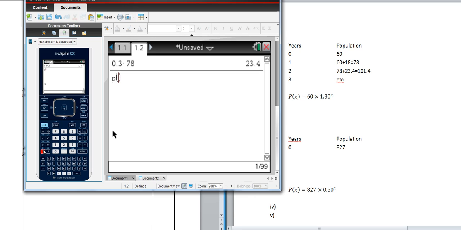P of x, define, control, and this symbol. 60 times 1.30 to the power of x, and then it says done, which means that it understands what we've written. It's okay, and now we define the function p of x.